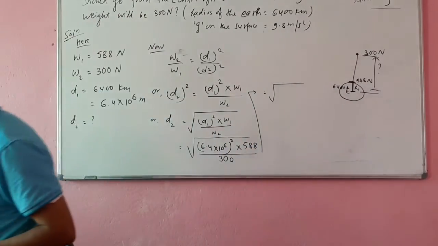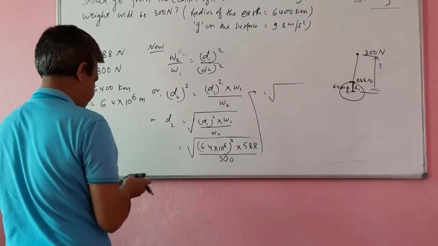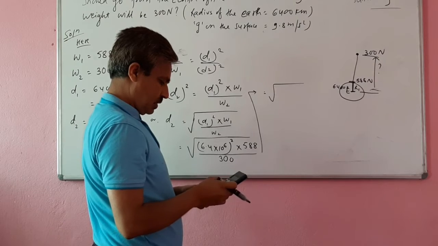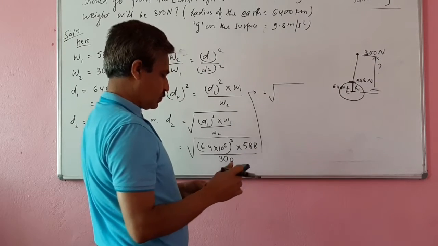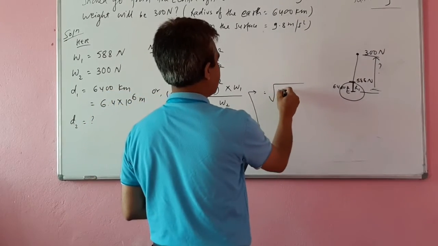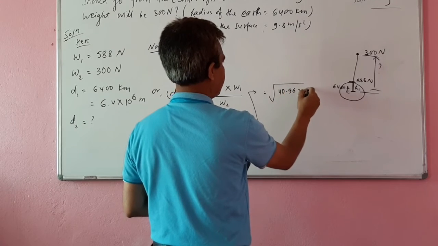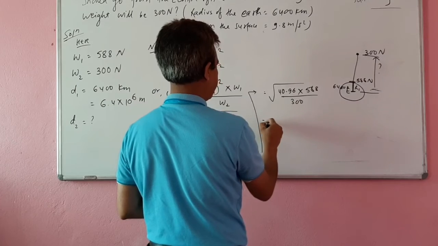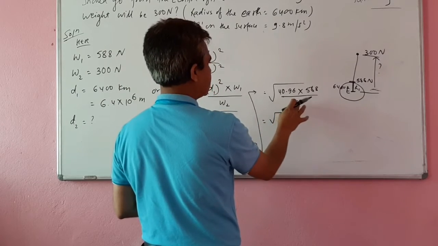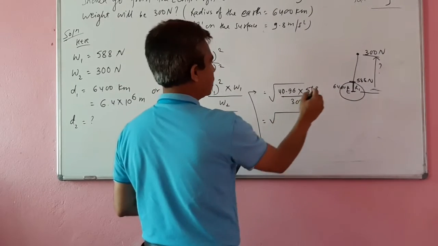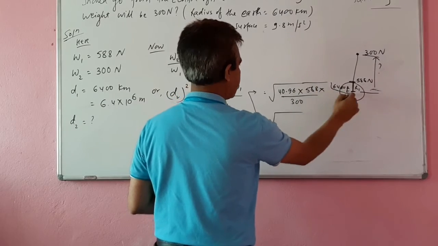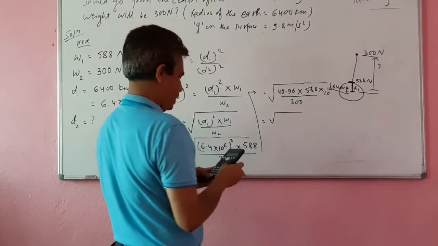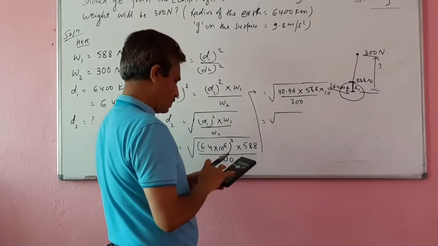We have multiplied this many times. How much does it come? 6.4 square equals 40.96, multiplied by 588 by 300. Oh, here something is missing. 10 to the power 6 whole square is 10 to the power 12. Now you can multiply all.